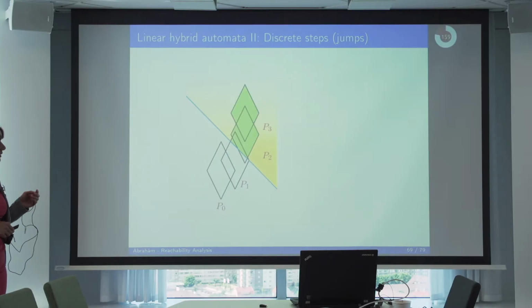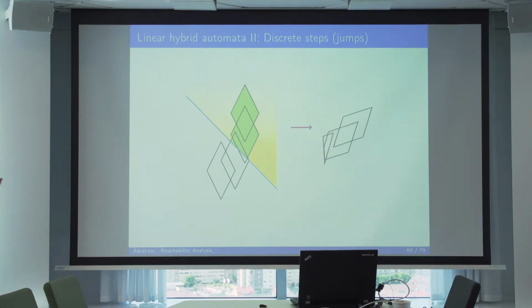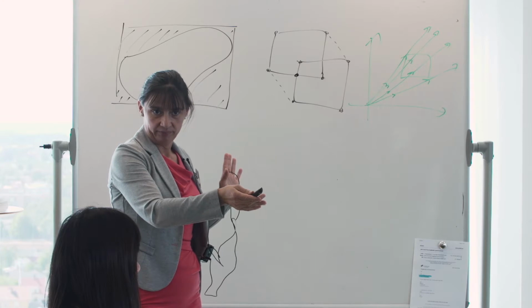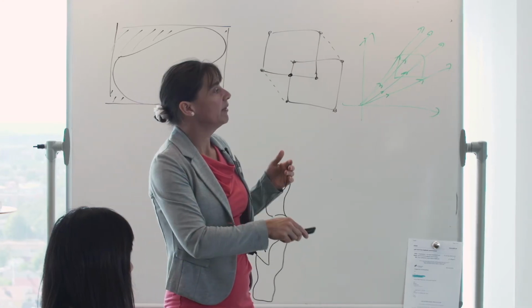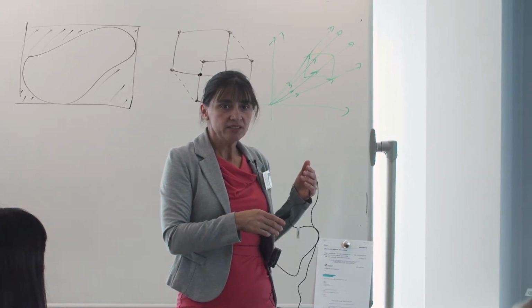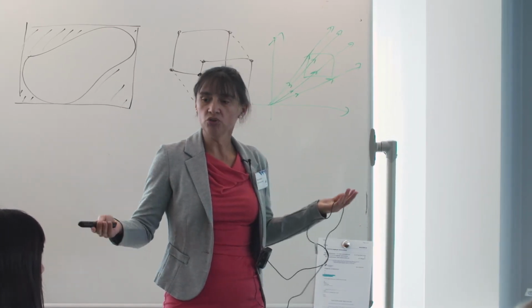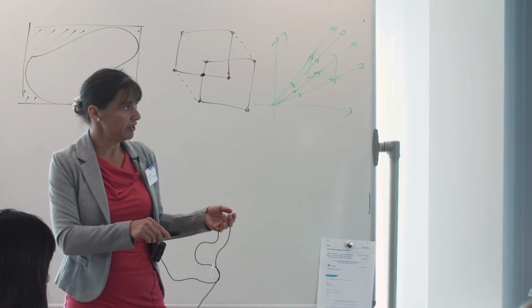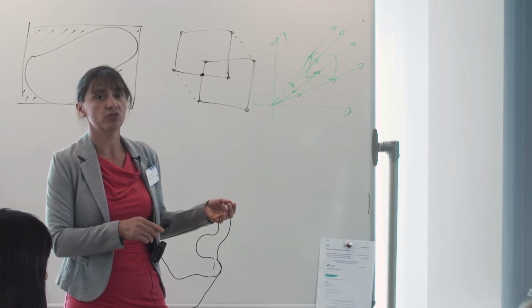And then to the intersection where the guard is satisfied, we apply a linear transformation and then continue. But now what you see is, for the previous class, we had one set for the flow pipe because the behavior was linear. But now we have a sequence of sets, here 3. That means you have a more strongly increasing tree width in the search, because now I need to compute the successors for all 3.